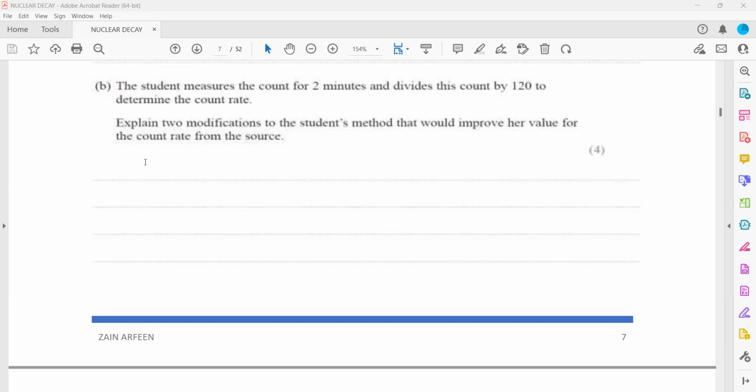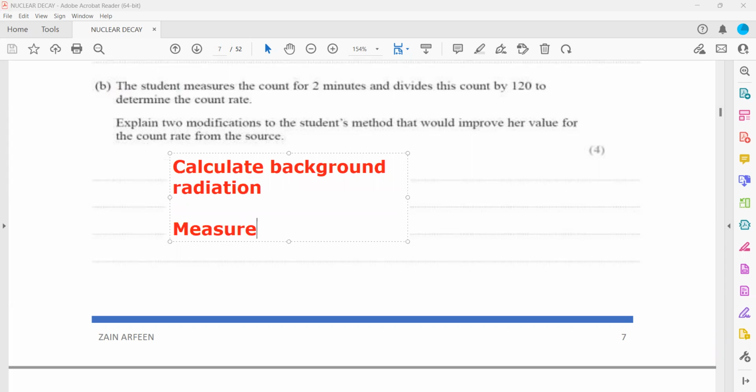She must calculate the background radiation. That is one thing. And measure the radiation for a longer time. Two minutes is a very short time.